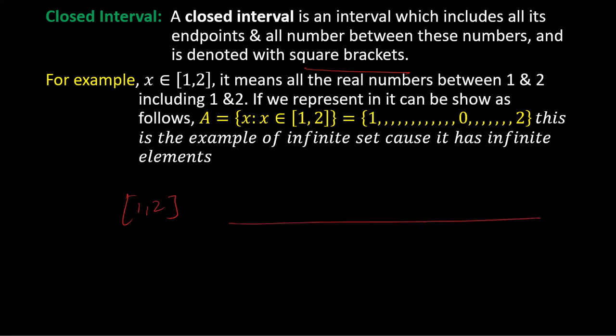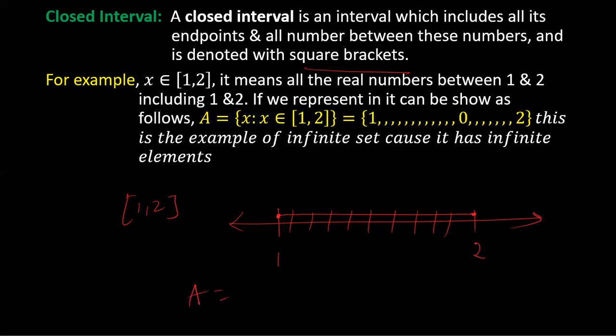If we draw a number line, let's say 1 and 2, this will be closed, and all the elements between 1 and 2 are in the set. There are many numbers in the set, so this will start from 1 to 2.